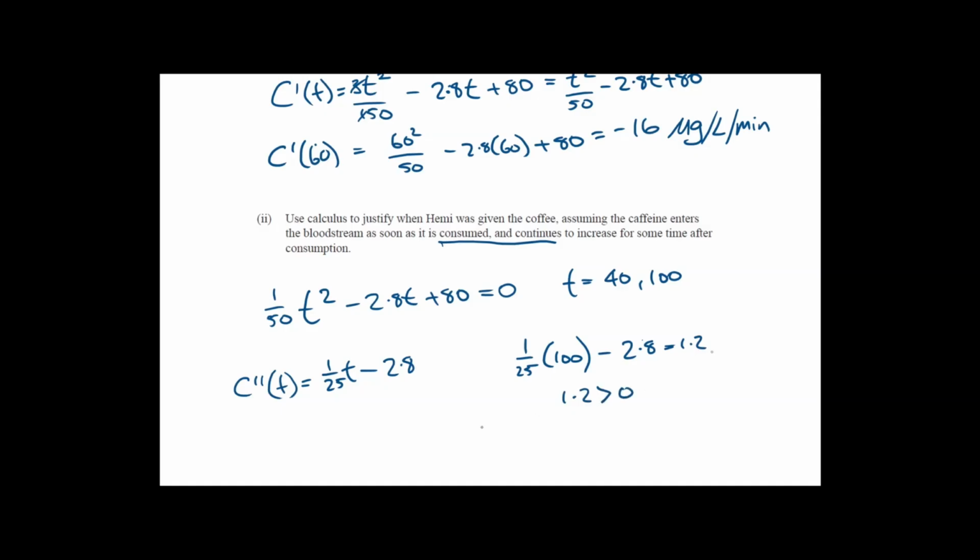It's greater than 0, so therefore there's a minima at 100 minutes. And if we presume that there's no other caffeine source, then that must be when he gets his coffee fix. Good question, though.